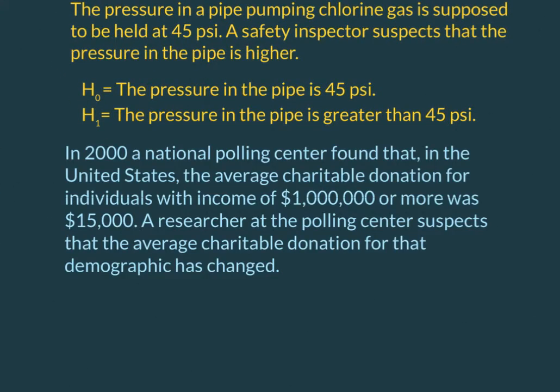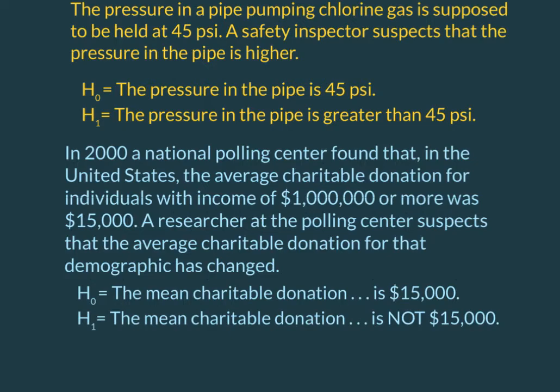In 2000, a national polling center found that in the United States, the average charitable donation for individuals with income of $1 million or more was $15,000. A researcher at the polling center suspects that the average charitable donation for that demographic has changed. At this point, the researcher isn't sure whether it would have increased or decreased due to all the economic and political things that have occurred since 2000.